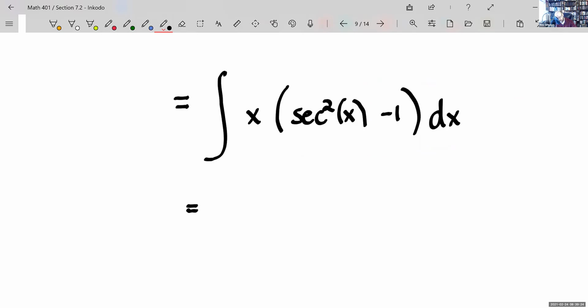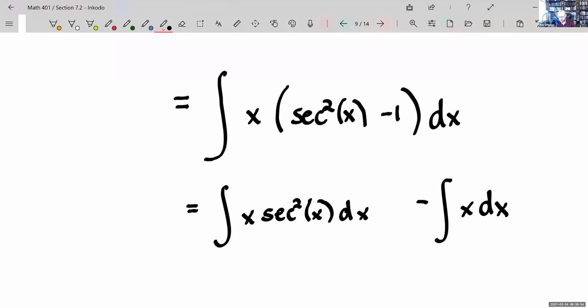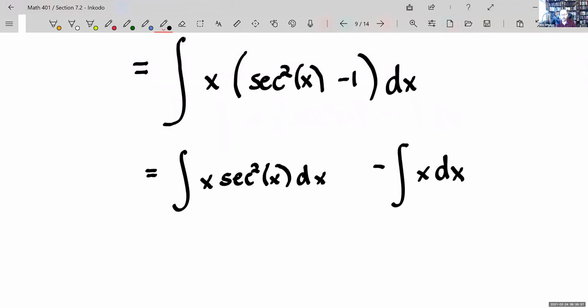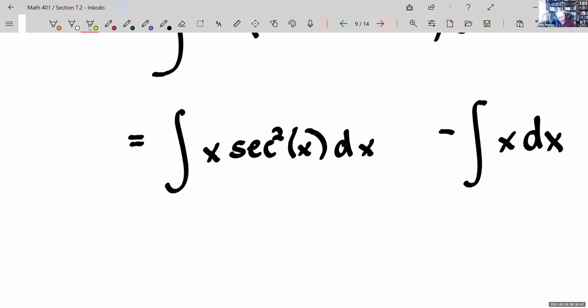Because when you split this integral, not only do you get one integral that you can evaluate, the minus integral of x dx, but now you're facing an integral, again, a product of two different types of functions, but I can integrate secant squared.